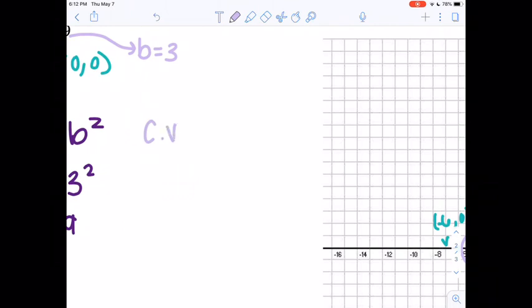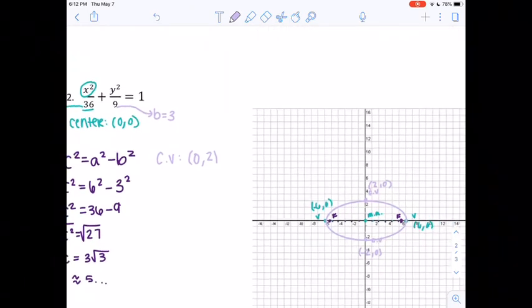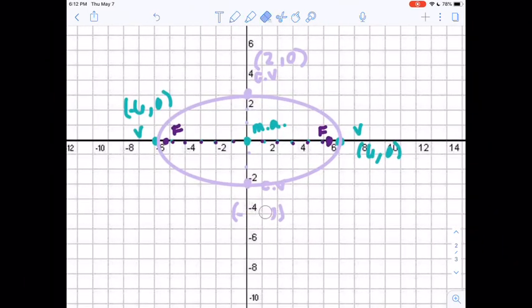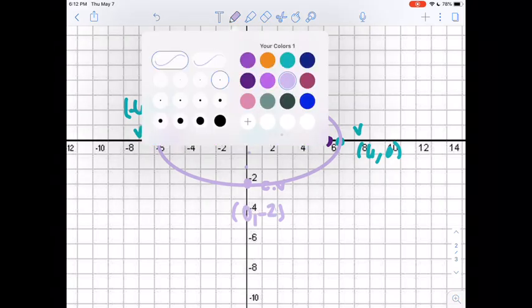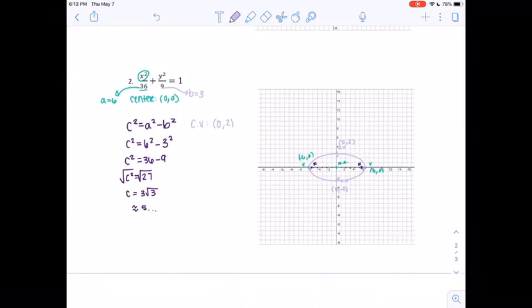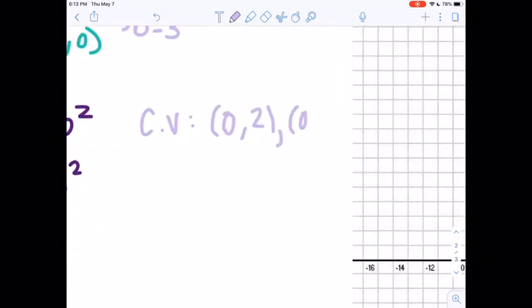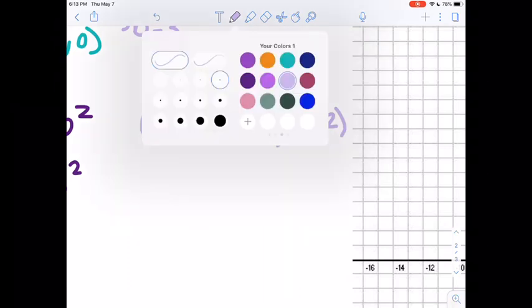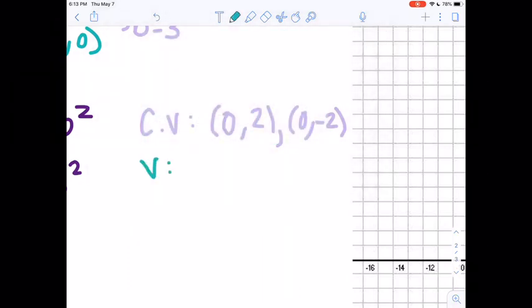So co-vertices, we have 0, 2. Oh my gosh, I labeled those wrong. Sorry, guys. 0, negative 2. I flip-flopped these. And 0, 2. And 0, negative 2. We have major vertices at 6, 0 and negative 6, 0.